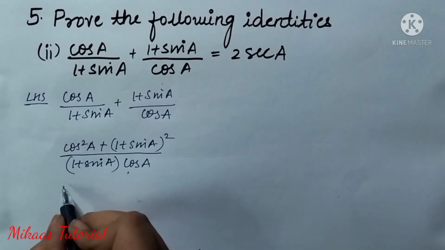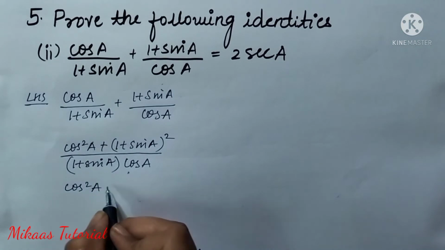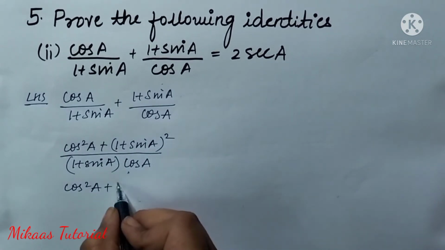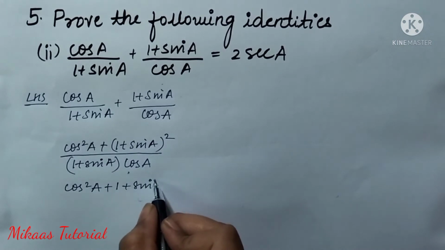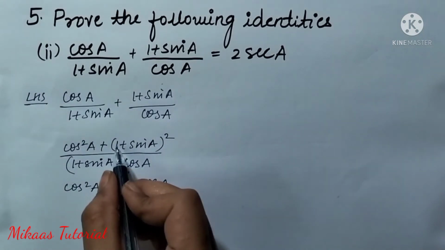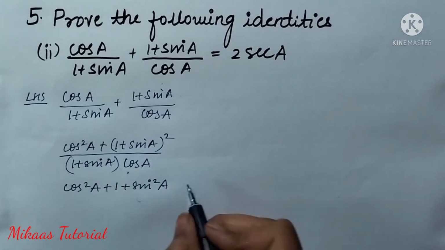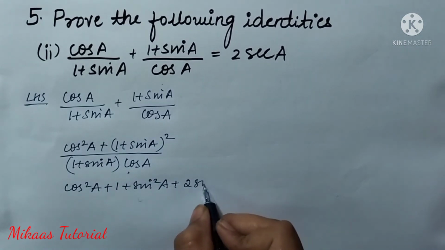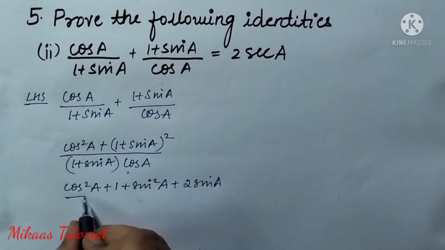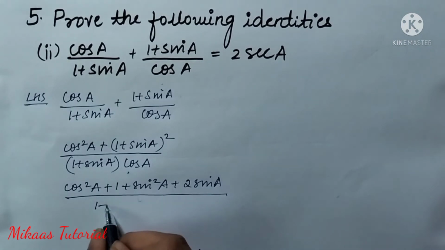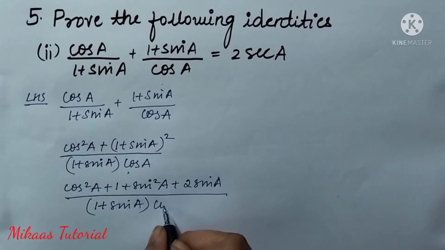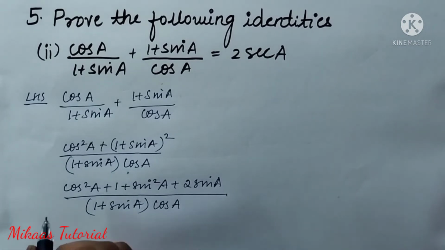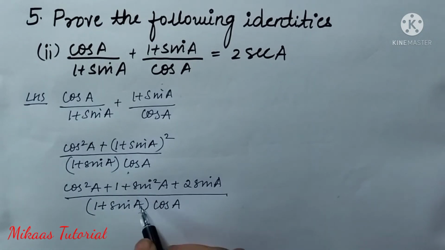Now you have to open this bracket. Open it. Cos square a plus 1 square, that is 1, plus sin square a plus 2 into 1 into sin a, that is 2 sin a, divided by, keep the LCM the same way, denominator in the same way, that is 1 plus sin a into cos a, so that we can convert it properly and cancel it properly.